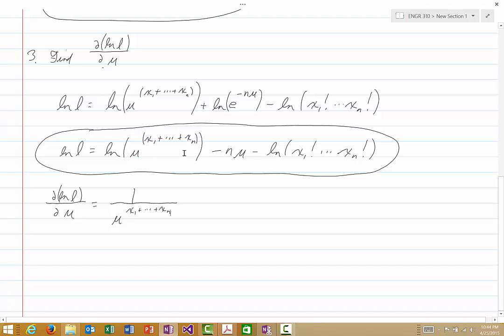And when we differentiate this expression here with respect to mu, we're going to get x1 plus dot dot dot plus xn times mu raised to the x1 plus dot dot dot plus xn minus 1.